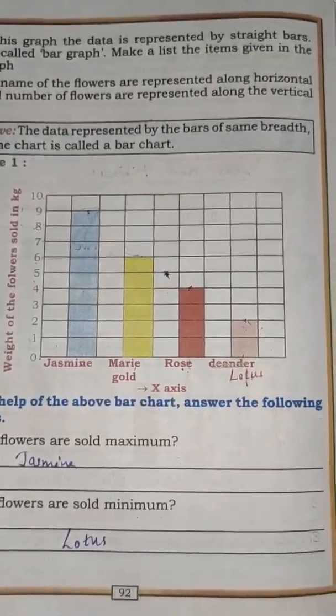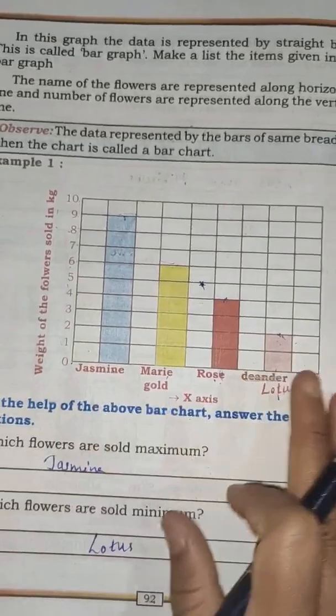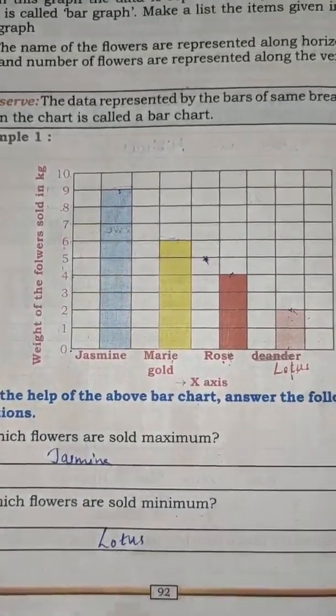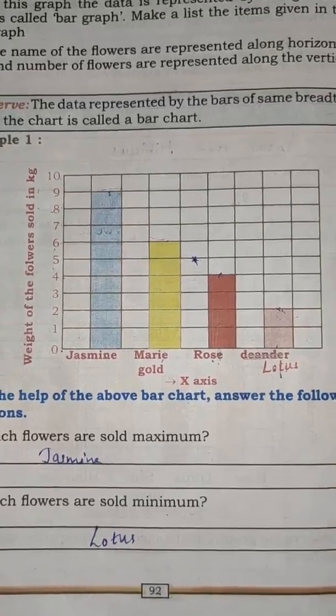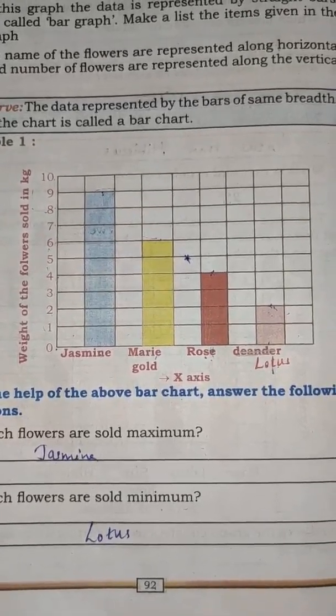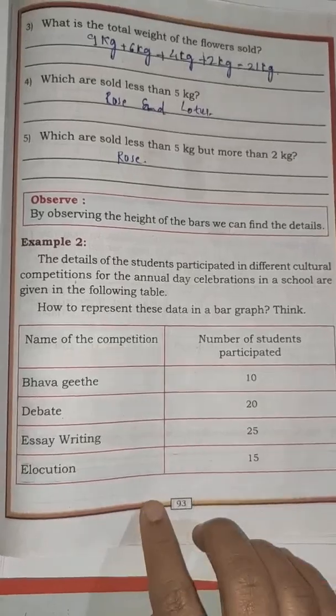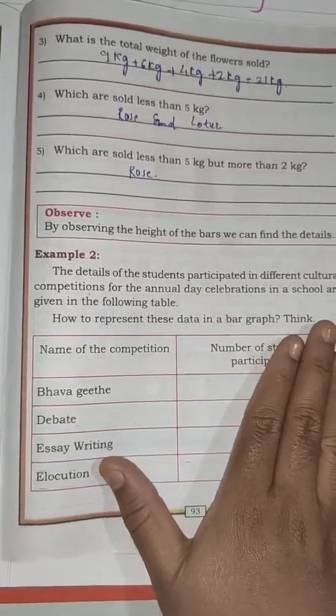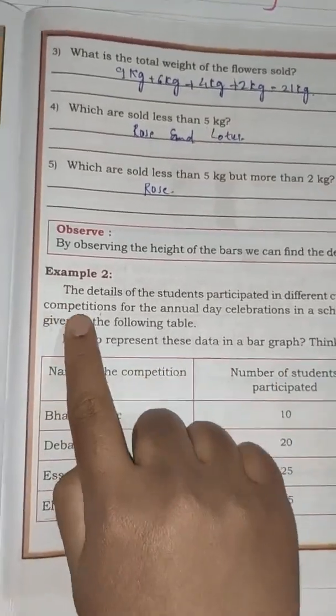Now I will show you how to draw this graph in your book. Basically I will tell you; in depth you are going to study in your higher classes. Children, come to page number 93. We'll show you how to construct the bar graph as I told you. We'll take one example.